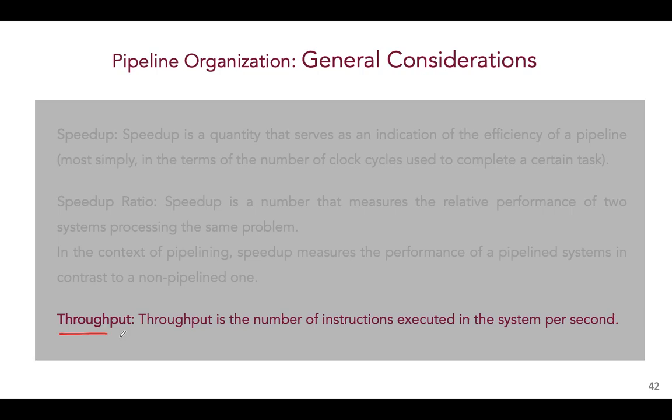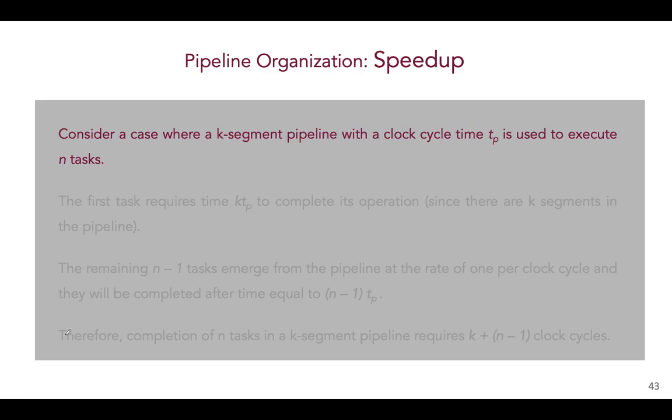In the case of pipelining, throughput is the number of instructions executed in the system per second. So very simply, speed up ratio and throughput are how we actually measure the advantage of a pipeline. All right, now we're going to talk about them one by one.